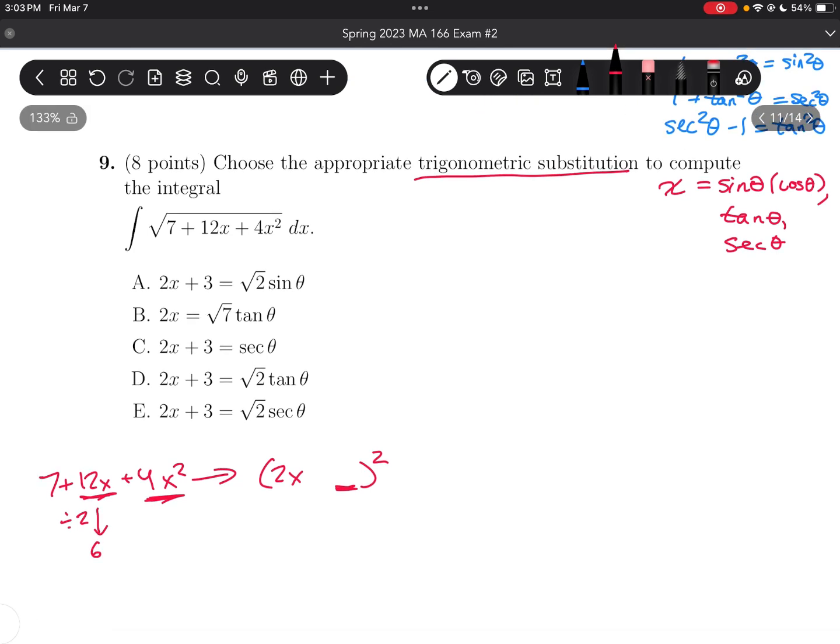Then we divide that by the square root of the a term in our polynomial. In this case, the a term is 4, the square root of 4 is 2, so I end up with 3. So 3 is the number that goes here. If I factor this out, I get 4x squared plus 12x plus 9.